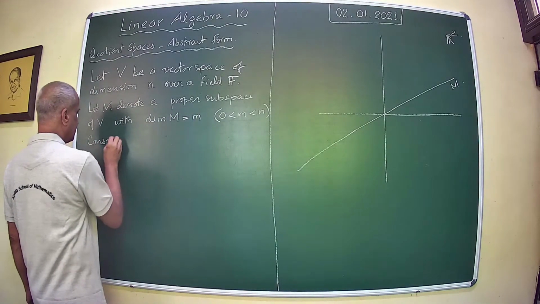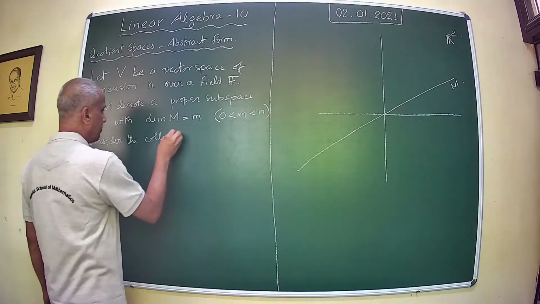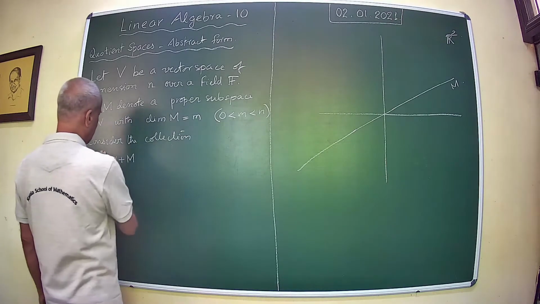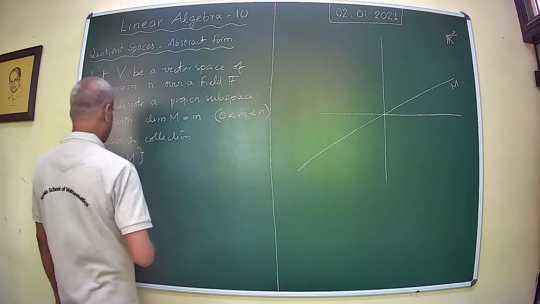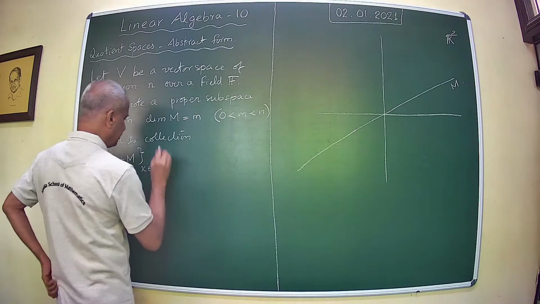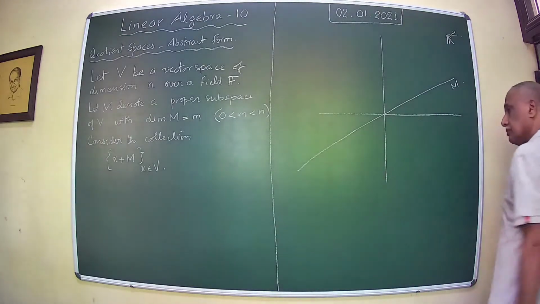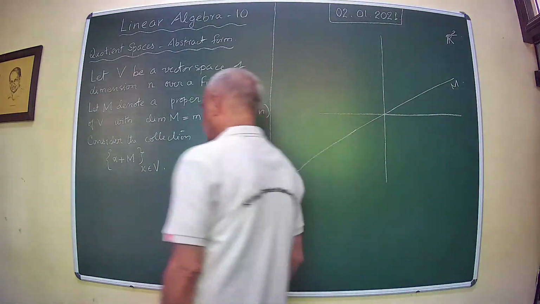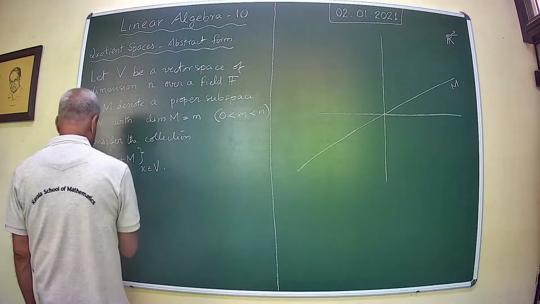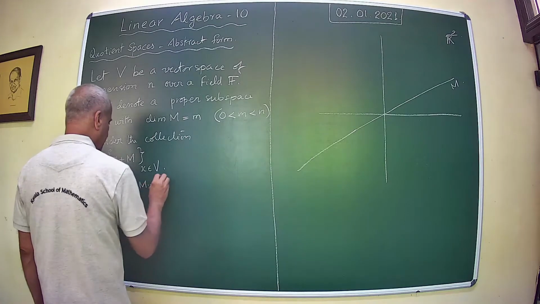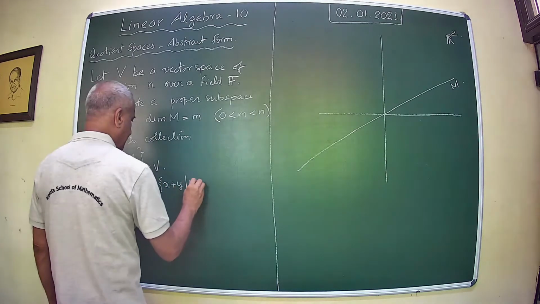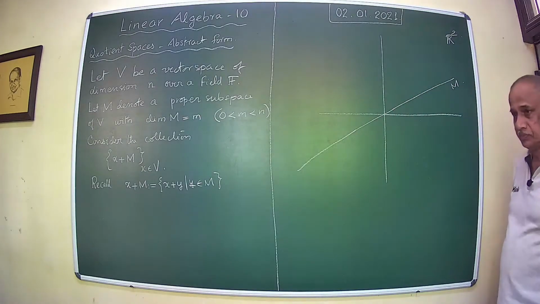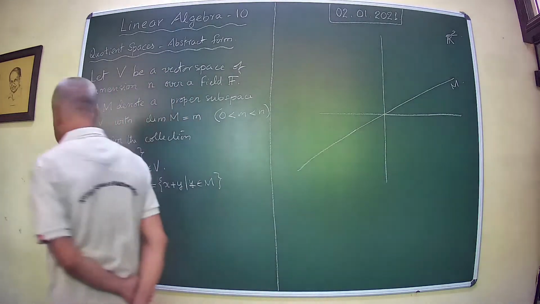Consider the collection of all elements of the form x plus M, x belonging to V. So these are subsets of V, but subsets with a very nice structure.